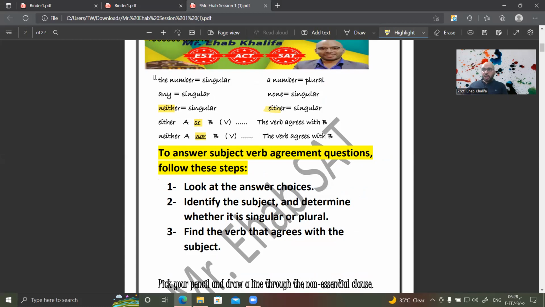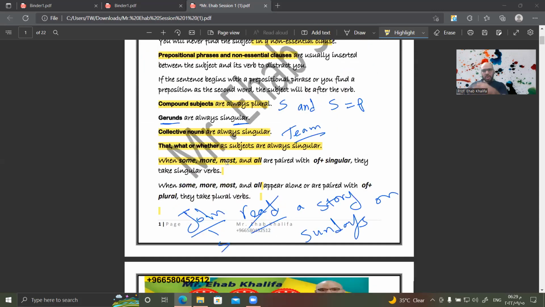When I see the expression, the number of the students is, but a number of students are. You have to memorize that as it is. Any is always singular, none is always singular. So we explained the rules quickly.